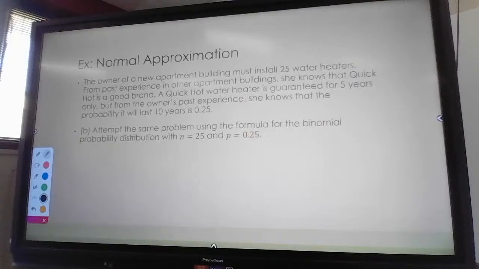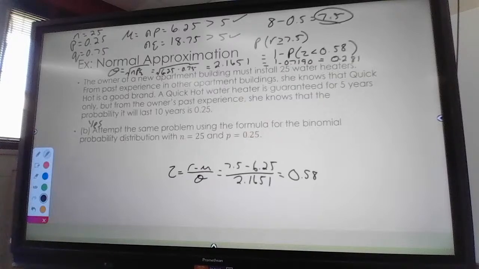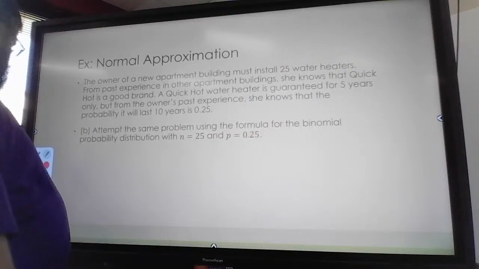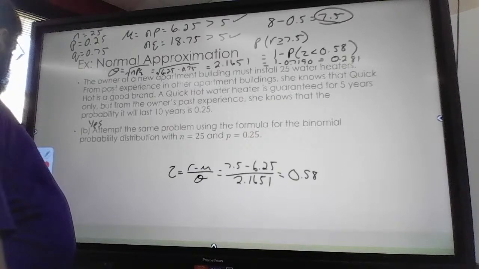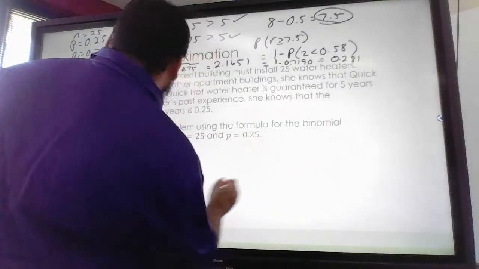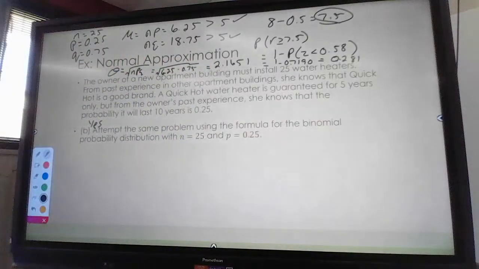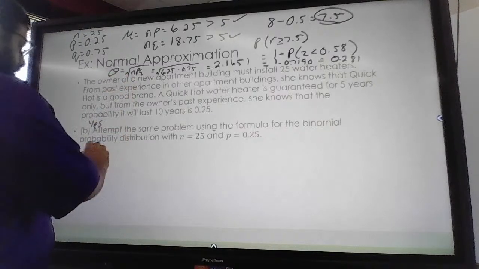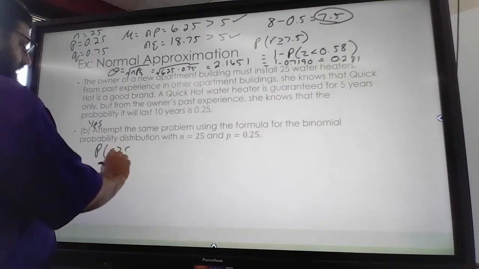Let's attempt the same problem using the formula for a binomial probability distribution with this n and this p. Back to my original problem, P of R greater than or equal to 8.